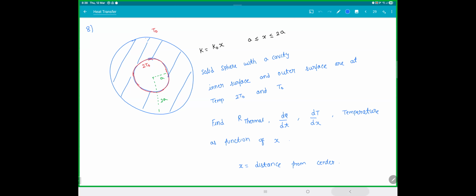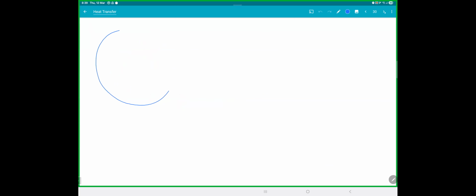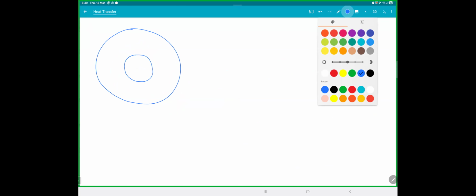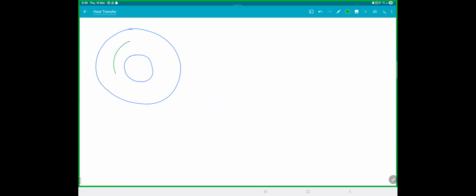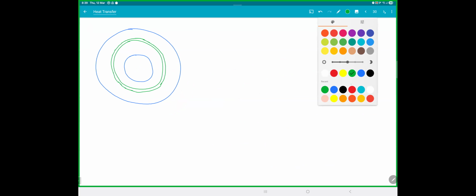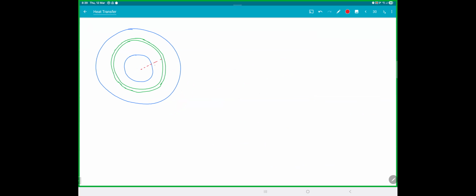So, what is the first thing? In that sphere, we take a very thin element. Why? Because what will you take area as? Every element has a different area. So if you take a thin element of radius x and thickness dx, heat is flowing across this.